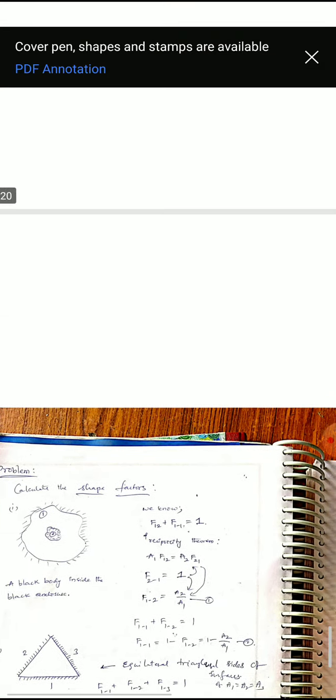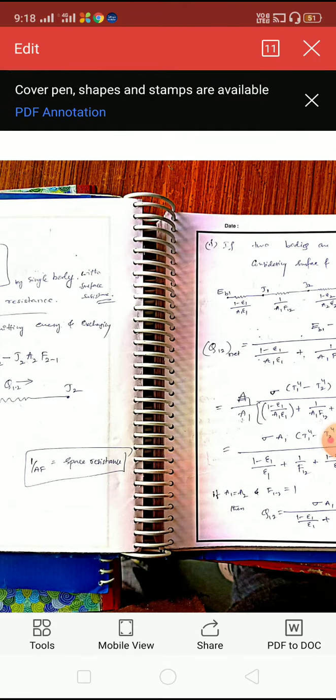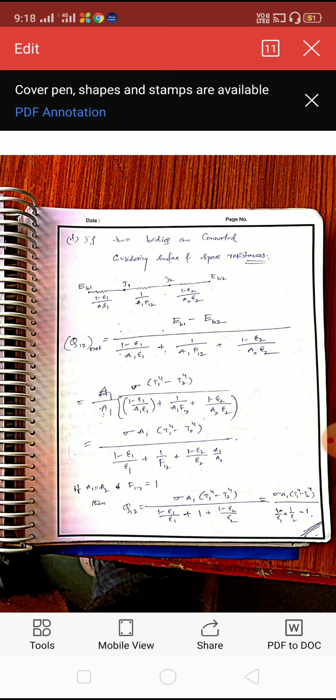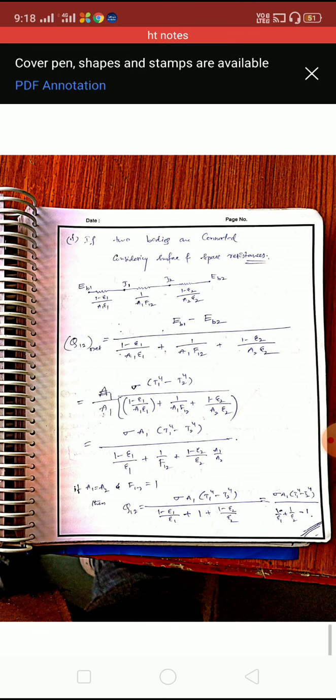Even though it is an electrical analogy, a different method of approach to find the radiation heat exchange between two bodies, you have got the same equation. Just go through the previous notes, and in that you will find the same expressions. I have given one table, tables 1, 2, 3, 4, 5, with different interchange factors and shape factors. In that you will find the same expression here. You just compare these two, and you will get it.